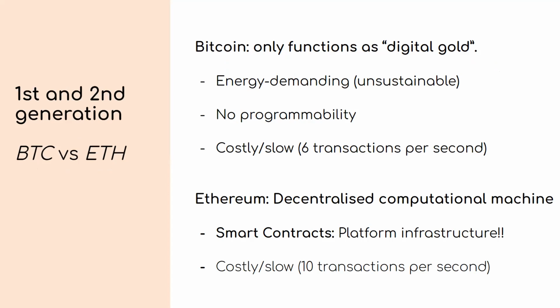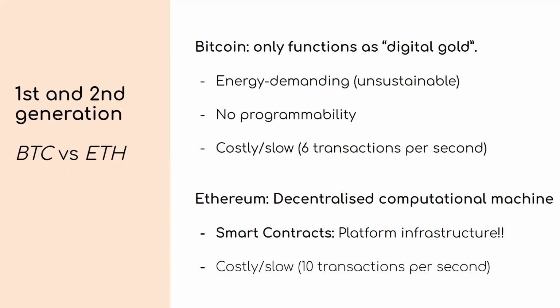Every one of us knows how much energy it takes to mine Bitcoin, and you can't program it like Ethereum. One of the good things about Ethereum is this programmability, the ability to build contracts into it.